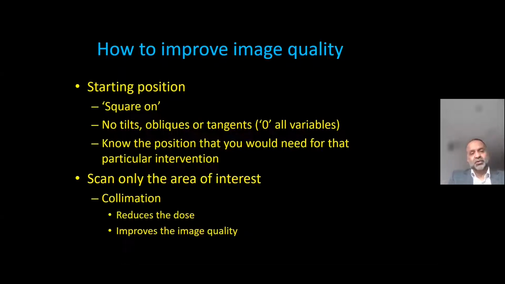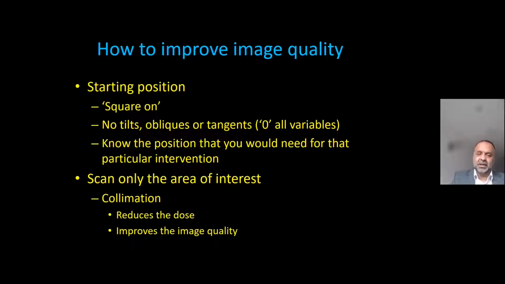You obviously also have to know what position you want the C-arm in for that particular intervention. Like, you might want a lateral position for doing a caudal epidural, although I would usually start with an AP view just to get an idea about the midline, because the midline on the skin may not be the midline of the sacral area.